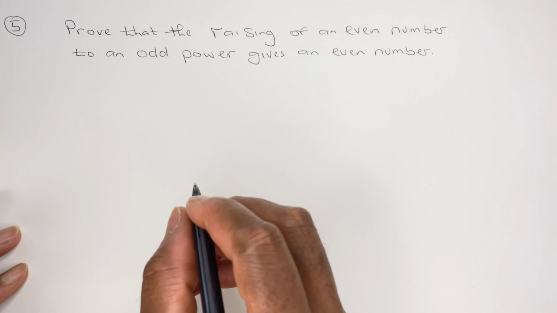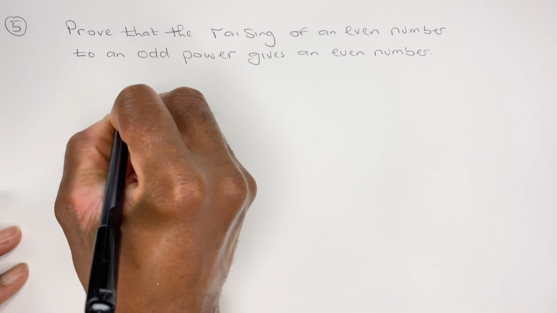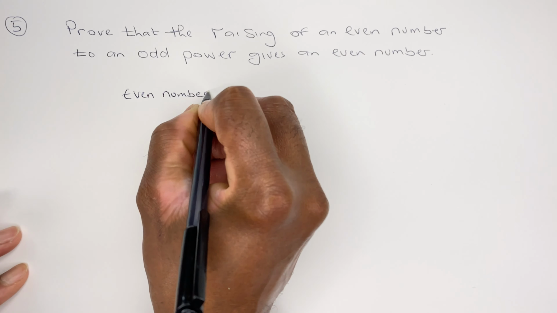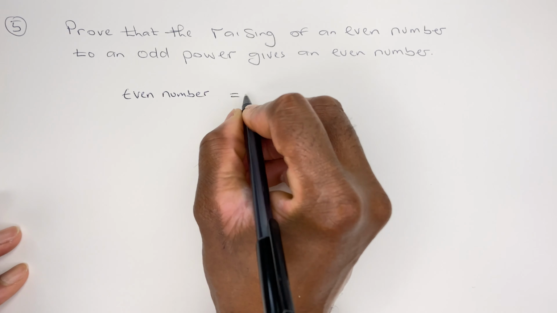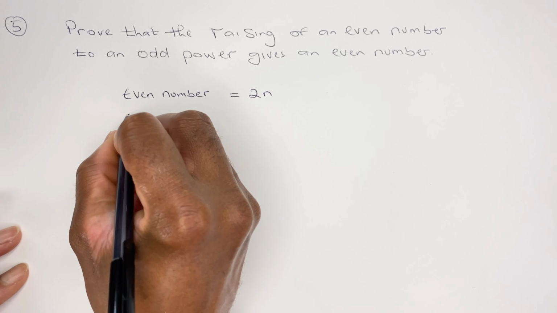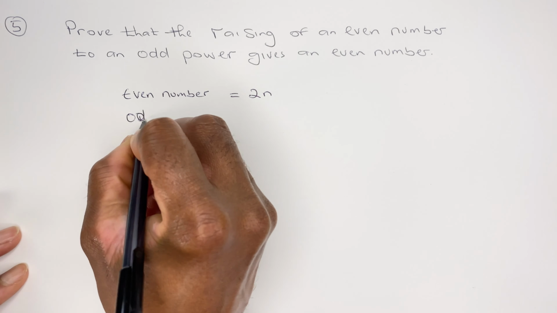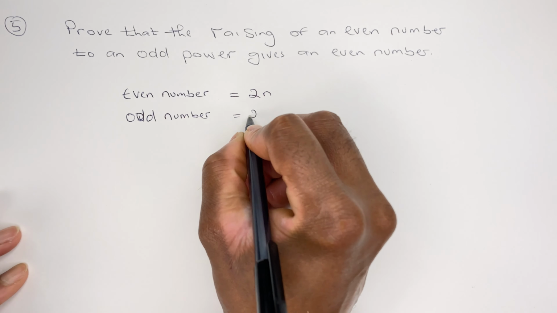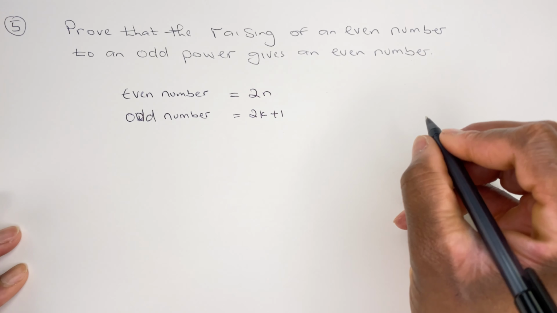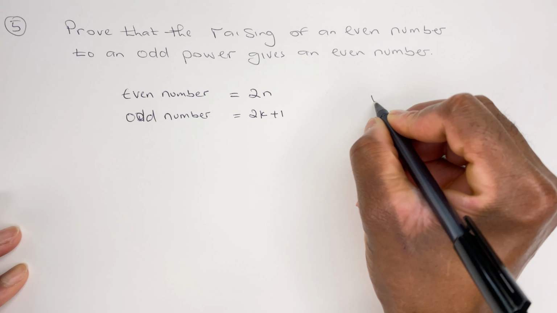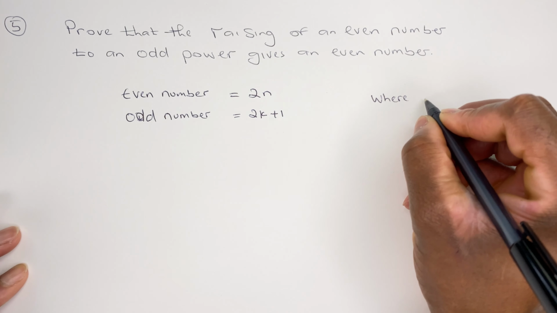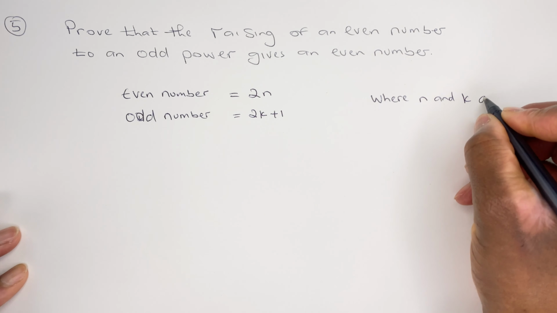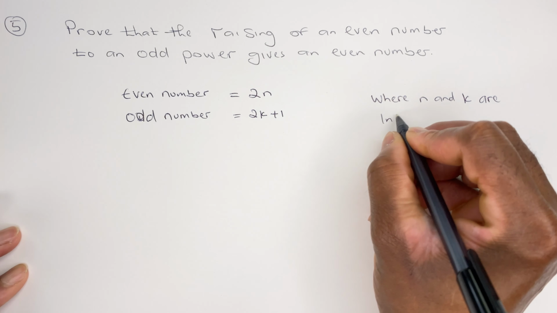So the best way to start this is to say, well, we know that an even number can be written as 2n, and an odd number to be 2k plus 1, where n and k are integers.